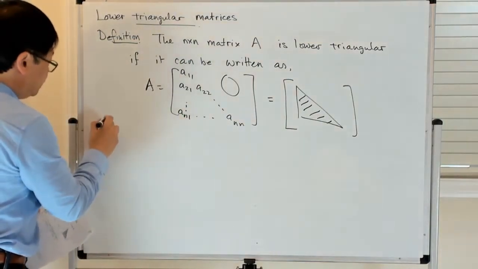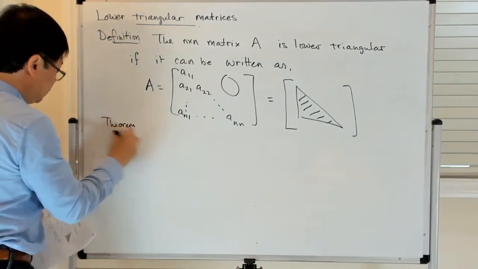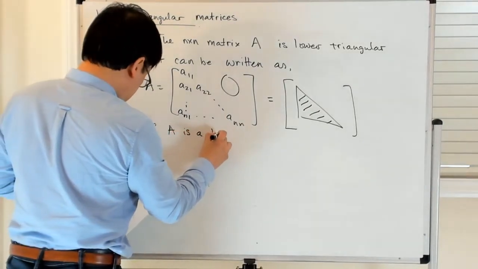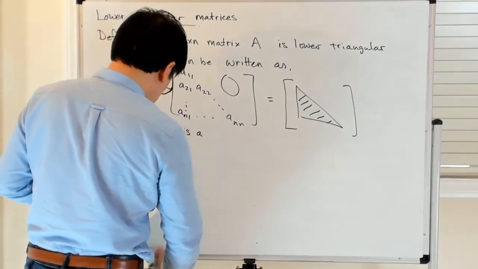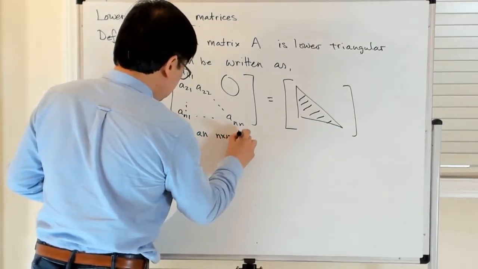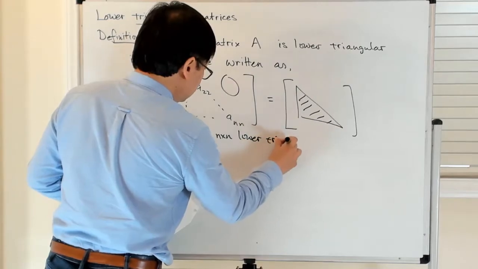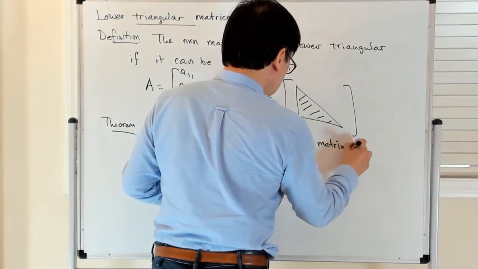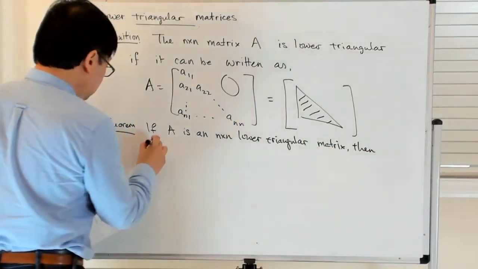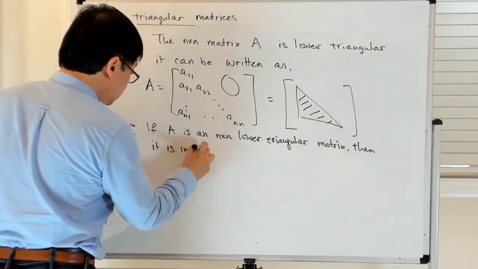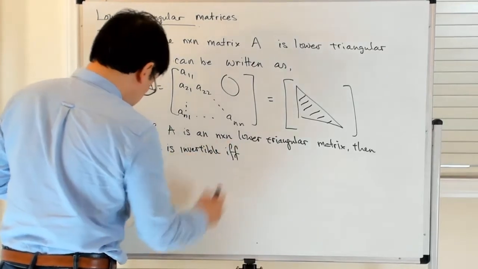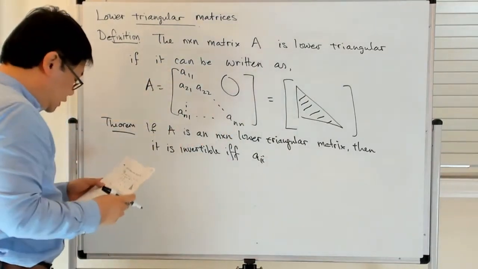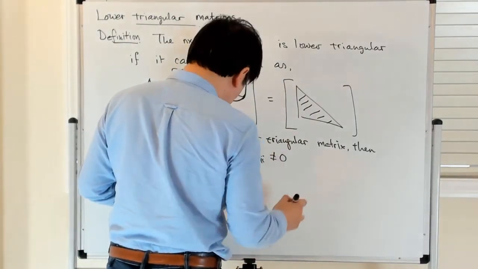Okay, so in any case, the theorem is as follows: if A is an n by n lower triangular matrix, then it is invertible if and only if the a_ii, which are the entries in the diagonal, are all non-zero.